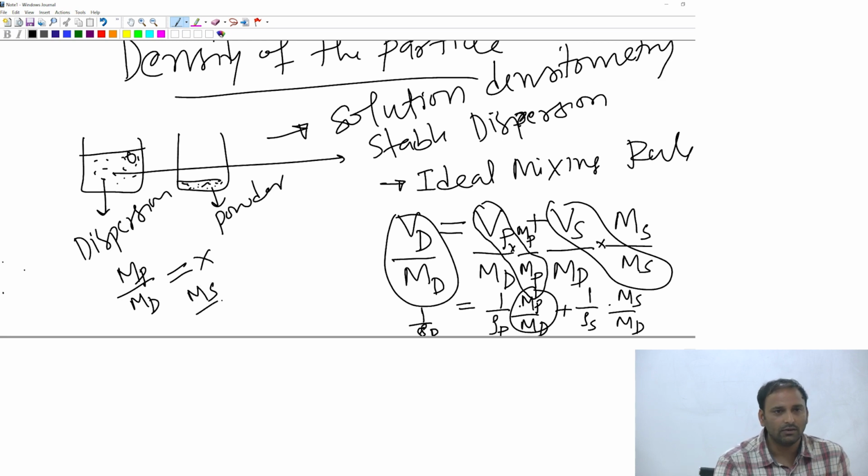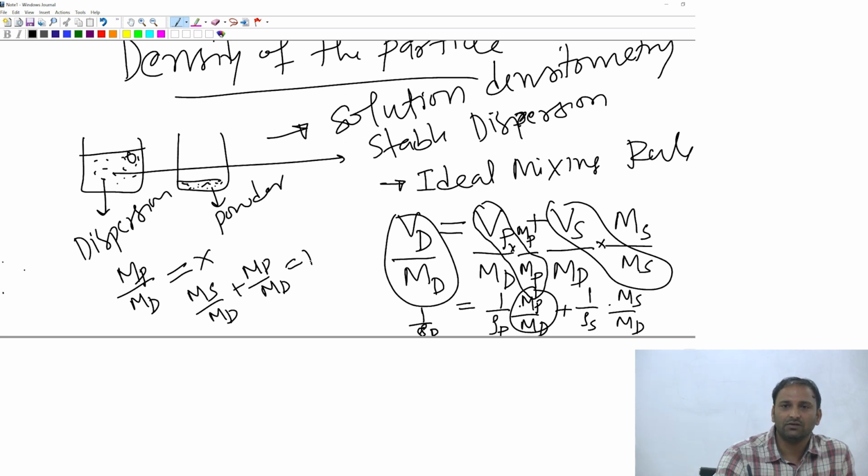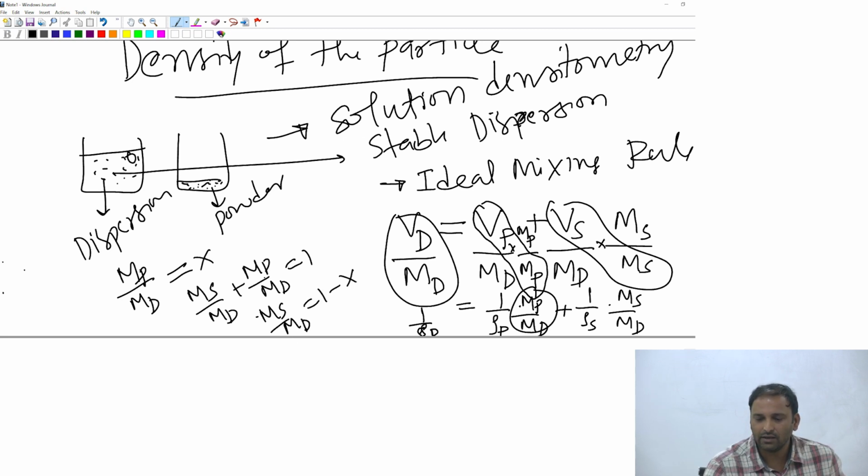If I do that, MS by MD plus MP by MD has to be 1, because the mass fraction of solvent plus the mass fraction of particle is going to be 1. Therefore, MS by MD is going to be 1 minus X, because MP by MD is X.